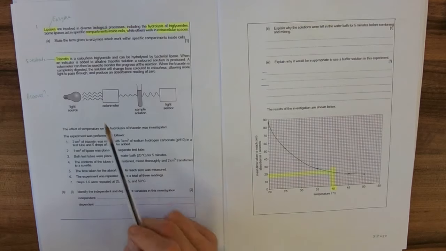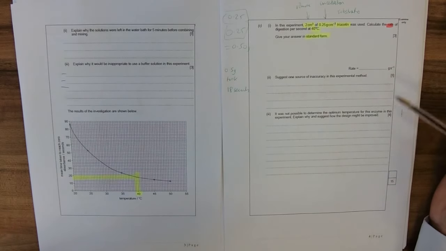Hard to control the temperature. Think about volumes. What did they use to measure the volumes? They could be inaccurate in some way. Did they transfer everything that they wanted to? So some suggestions along those lines, and you only need one good suggestion there.